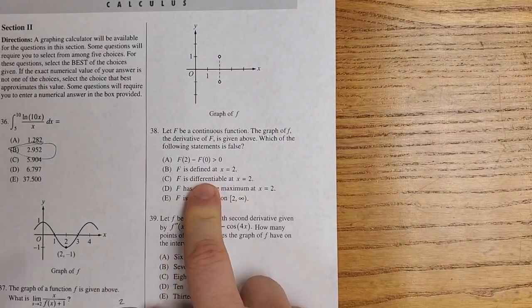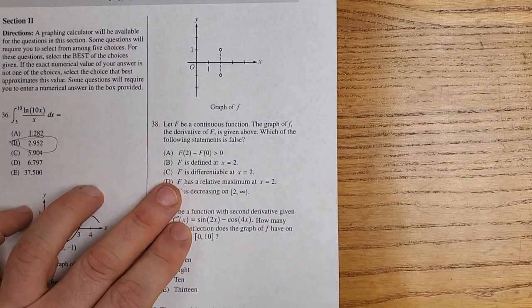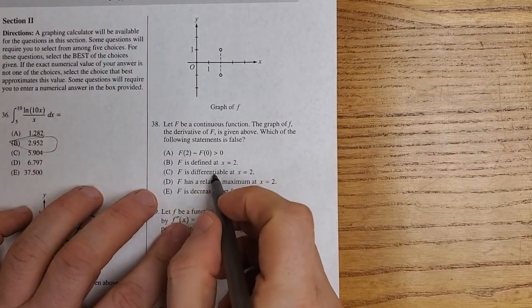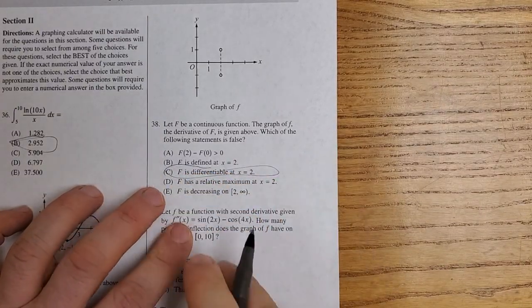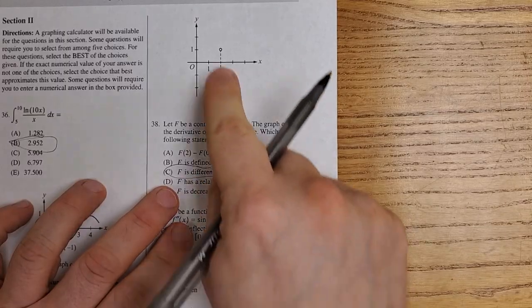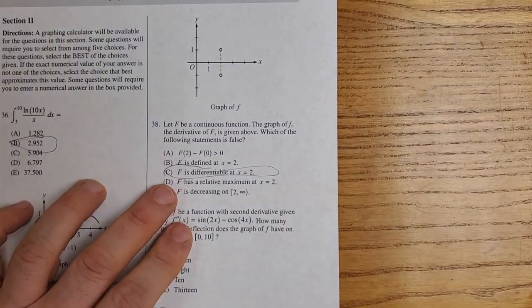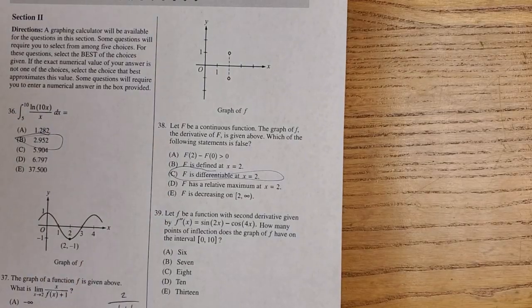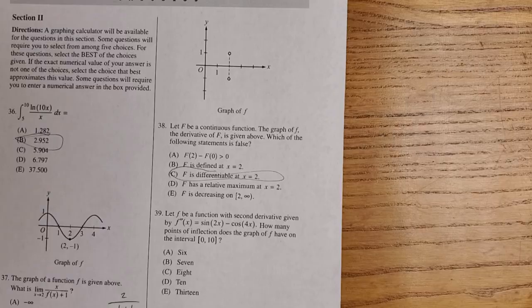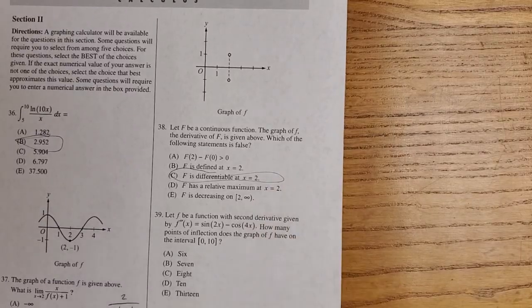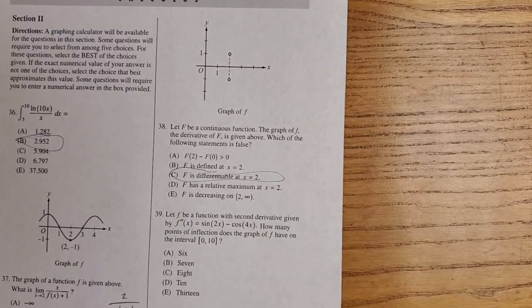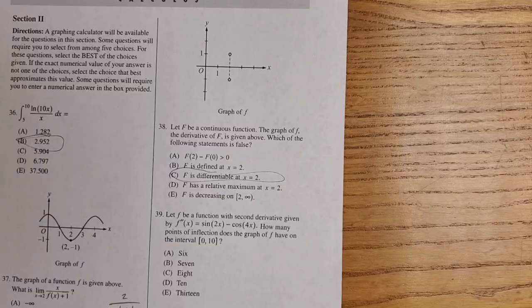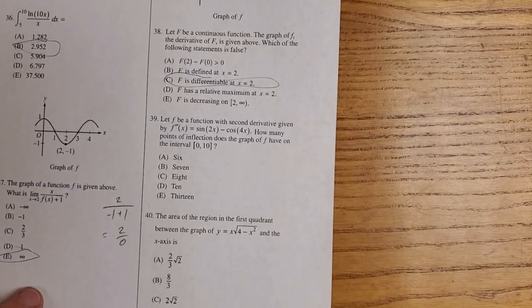So we can take a safe guess that f is definitely not differentiable at that value, x equals 2. So C is going to be false, and all the other ones, your guess is as good as mine. I can't prove that those are true because there's not enough information. But C is definitely the one that we can pick out as being most certainly false in this situation.